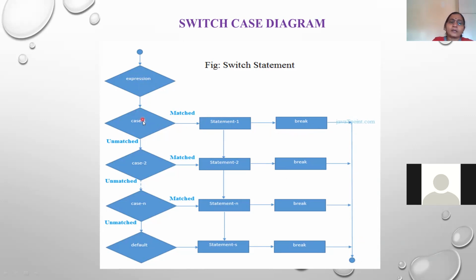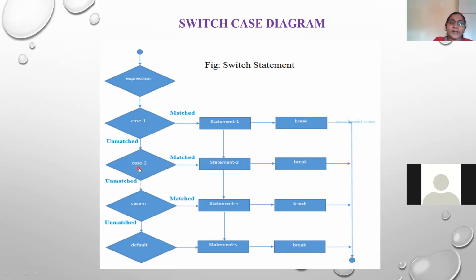If the result of the expression does not match the value of case 1, it goes to the second case. It checks the value of the expression with the second value, and if it matches, it executes the statement 2 block and then break.